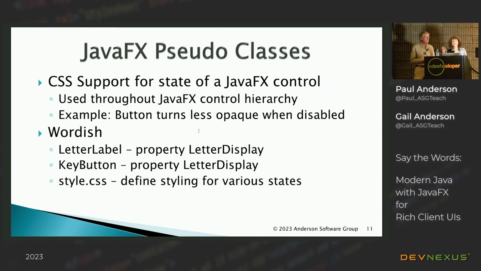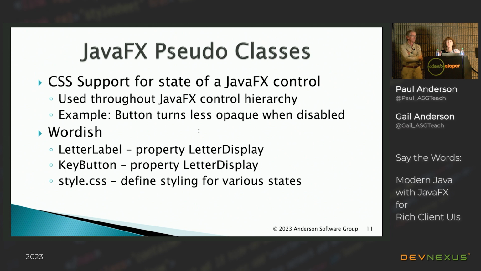And I just want to say that this exists in JavaFX by default. It's under the hood, but I didn't really customize it for an application until I did Wordish. I didn't really need to. It's not something that you always need, but if you do need it, it's really, really cool.